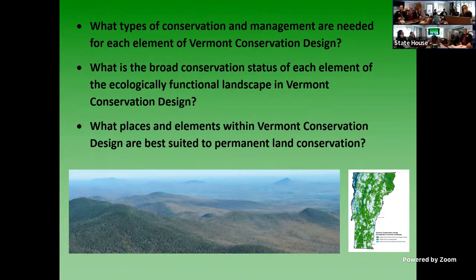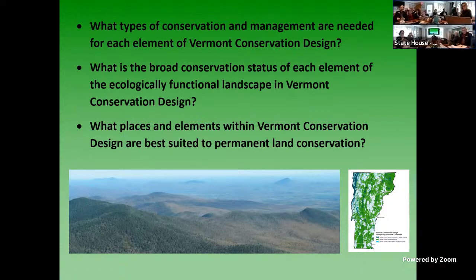We have not gone through and really done a comprehensive assessment about which features and which places need what type of conservation actions. I think we could do that by things like, okay, interior forest blocks maybe don't all need to be permanently conserved, but maybe within those blocks, there are particular ones that permanent conservation would really provide exceptional value. Maybe there are points in the connectivity network where that could be particularly valuable.